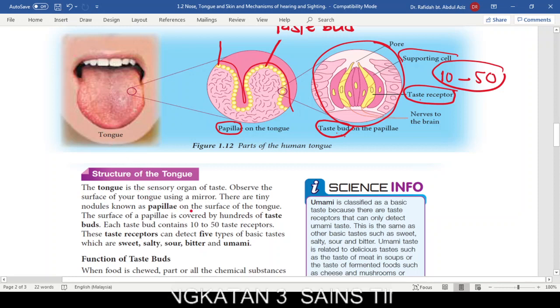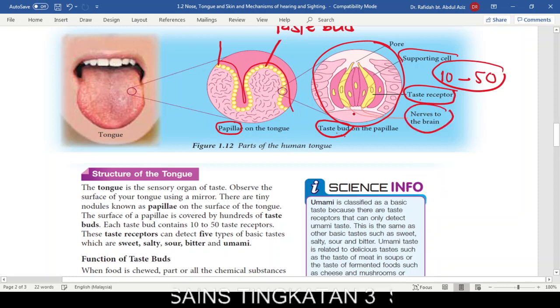When we eat any food or drink any drink, all the chemical substances inside the food will be dissolved in the tiny pore of this taste bud, and then the taste receptor will detect the chemical substance and produce an impulse that is sent to the brain through the nerve.